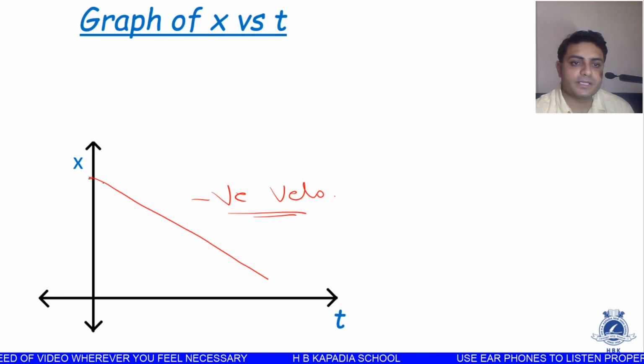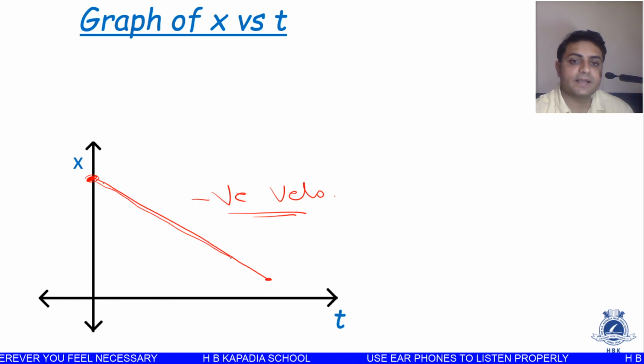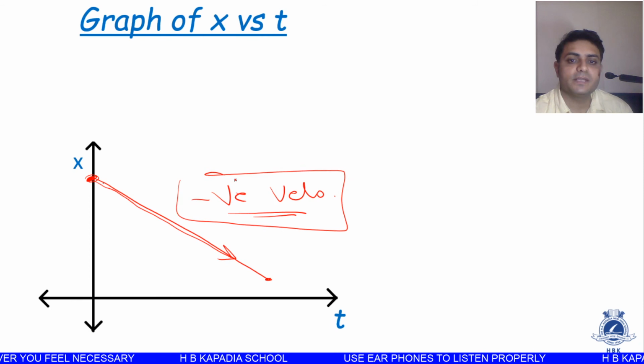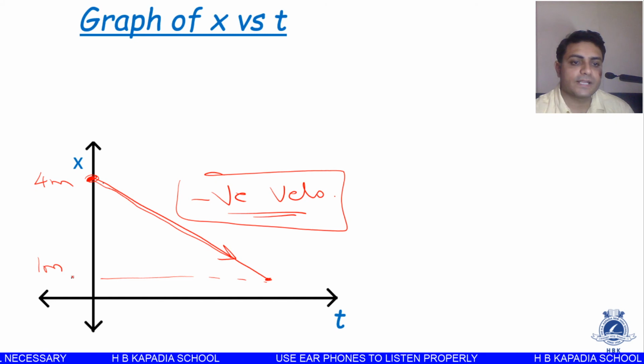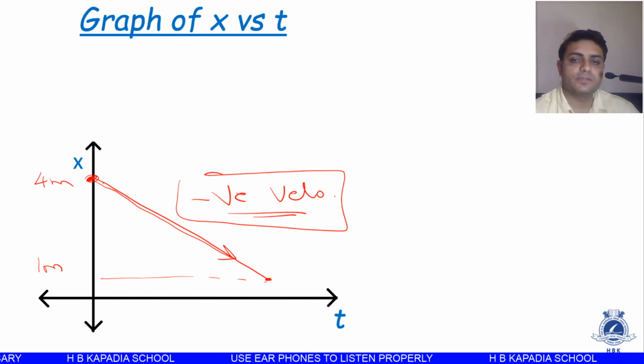No doubt the object is along the positive direction, at the end point also he is in positive direction, but in this case he is moving towards the negative direction, therefore the velocity is considered to be negative. So initially when he is at 4 meter, later on he comes at suppose 1 meter, so actually he is moving towards the negative x direction, so that's why we have to consider the velocity to be negative.